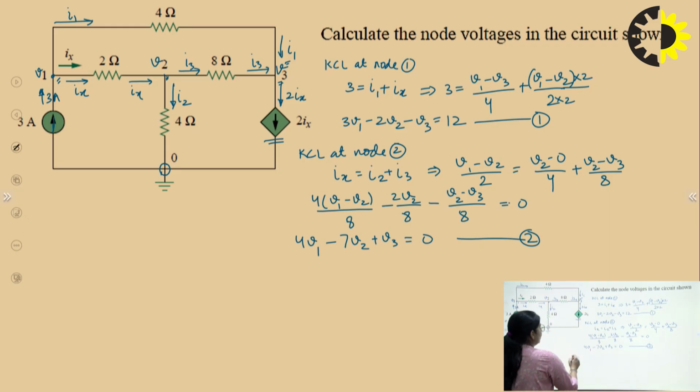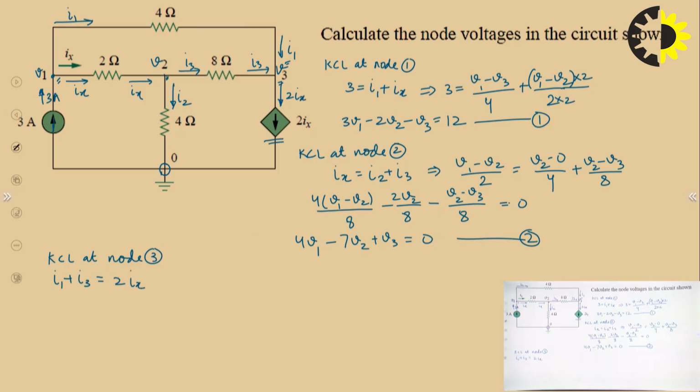Fine. Now KCL at node 3. What are the incoming currents at node 3? I3 and I1 are incoming currents at node 3. So I1 plus I3 must be equal to the outgoing current, which is 2Ix.